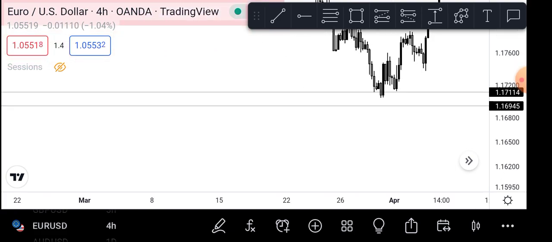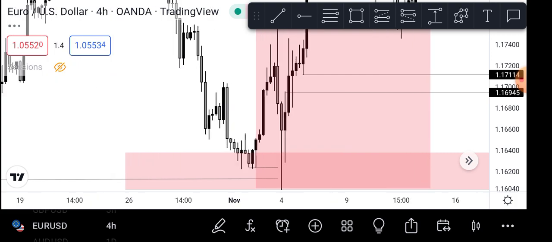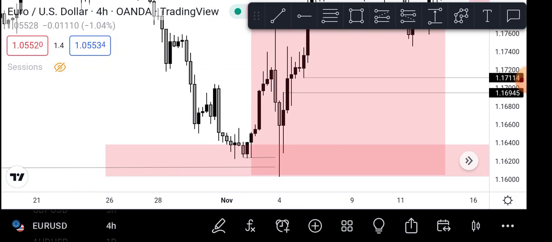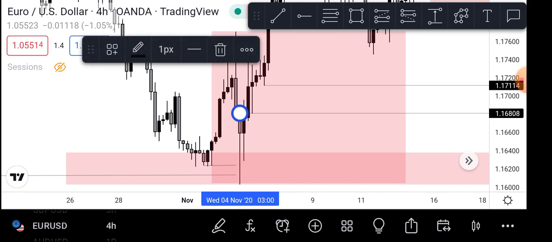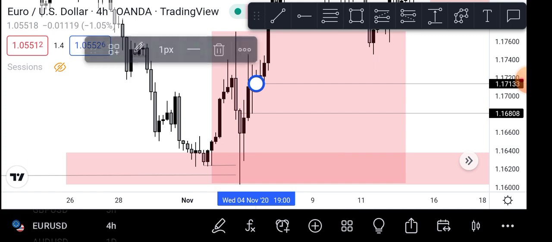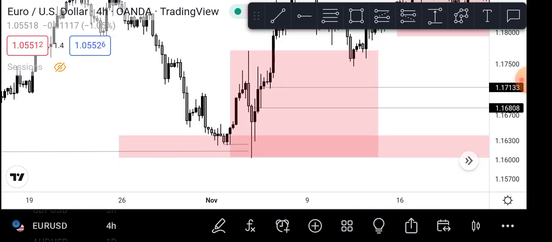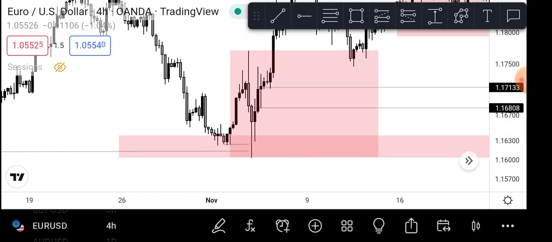You can see that price tested. Okay, price did not test this one. Okay, so it tested this whole range. But in any case, we all know that this whole big box is the zone.